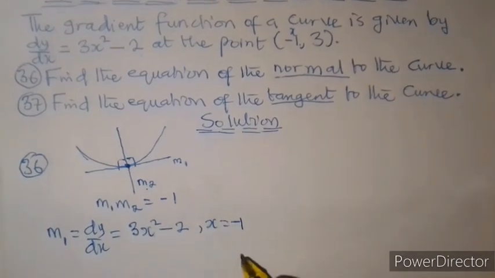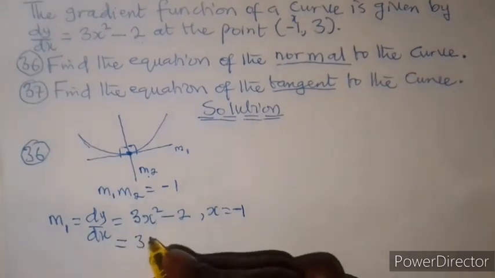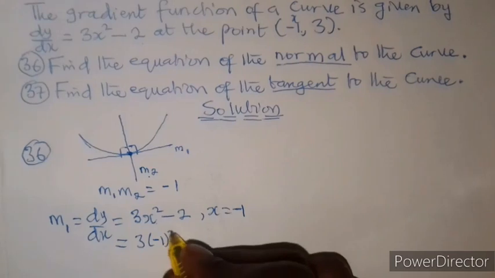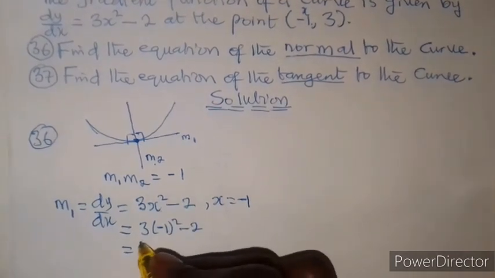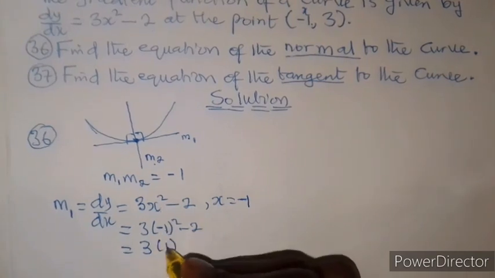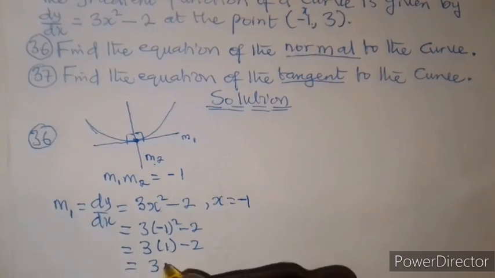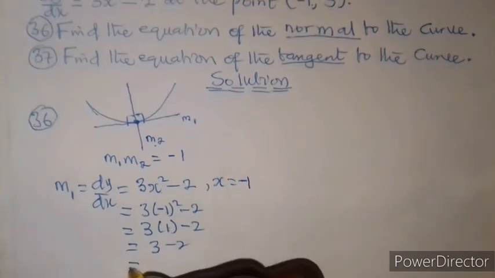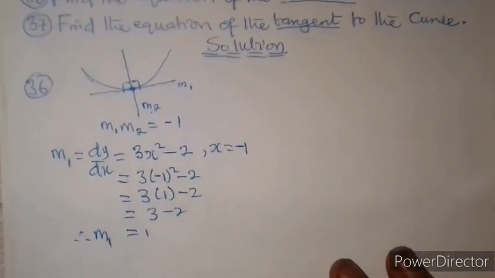If we plug it into this equation, we are going to have 3 times (-1) squared minus 2. In solving this, we have 3 multiplied by 1, because minus 1 squared is 1, then minus 2. Now 3 times 1 is 3, minus 2, we are going to have 1. So the first gradient, m sub 1, is going to give us 1.